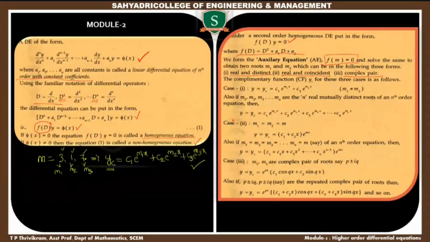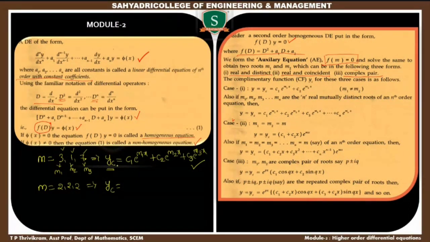Similarly, suppose we got the solution like this: m is equal to 2, 2, 2, all are 2's only. Whenever you got roots for m like this, all repeated, then the general or complementary solution for a given differential equation is yc equal to, so how many times is it repeated? 3 times.